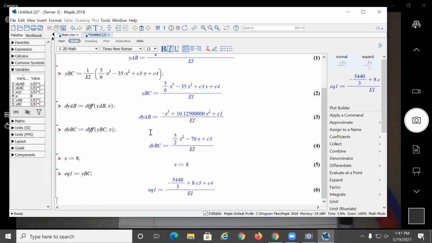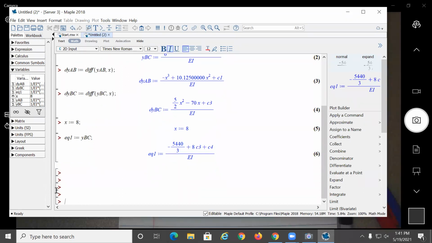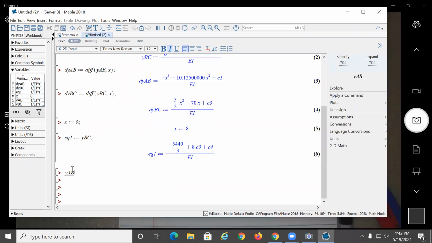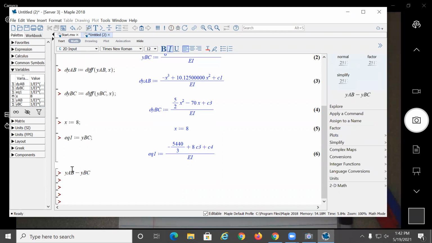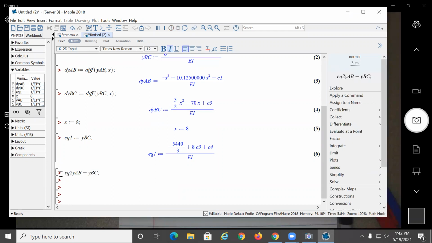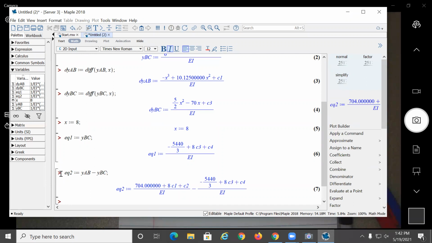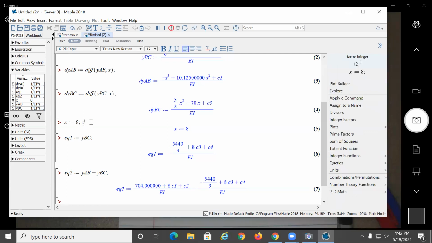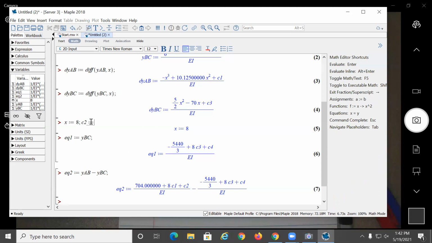So this will mean that YAB equals YBC. What can we write that equation as? YAB minus YBC will be equal to 0, no? The same thing. I'm going to call this one equation 2. And now this equation is in function of C1, C2, C3, C4, but C2 is 0. So maybe we should put C2 equal to 0 here, since we know that already. That way we'll simplify a little bit.